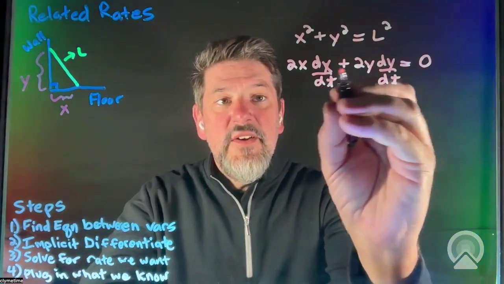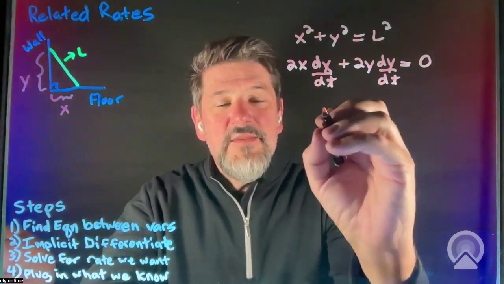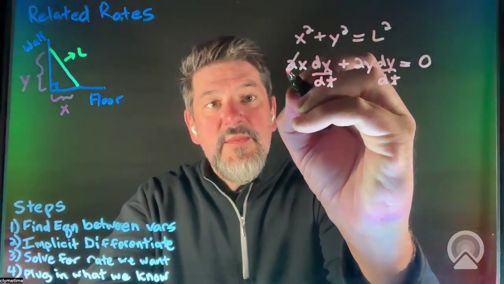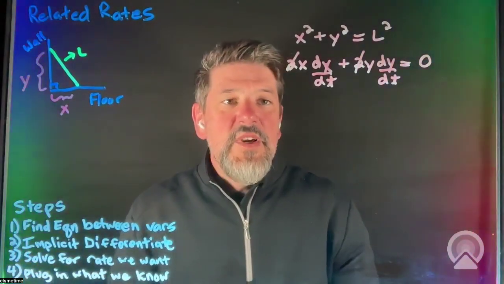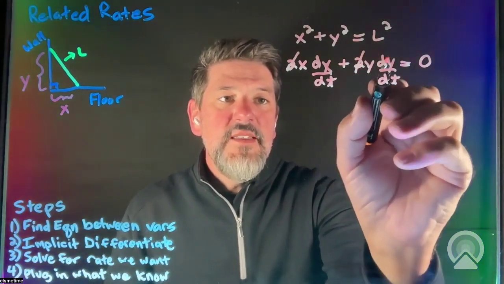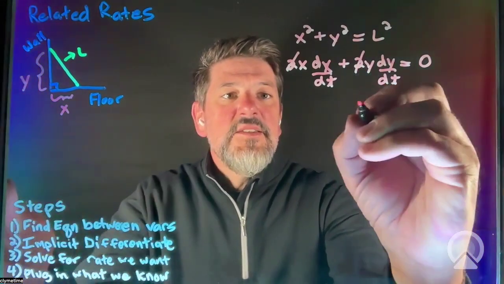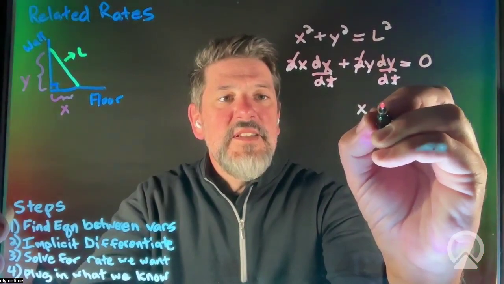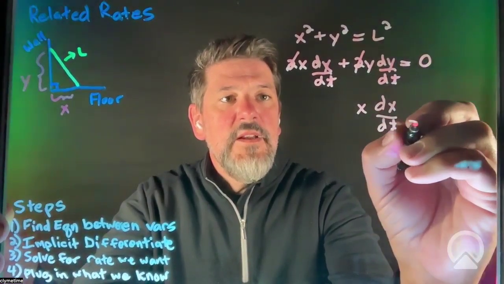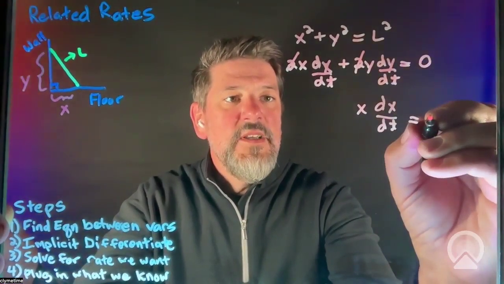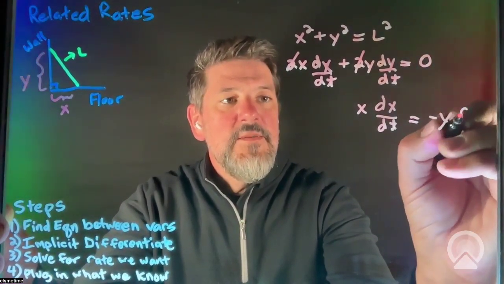So I would divide all 3 terms, this term, that term, by 2. So by dividing by 2, basically the 2's go away. My next step would be to move the y and the dy over dt to the other side. So I'd have x times dx over dt on the left. And on the right, I would have negative y times dy over dt.